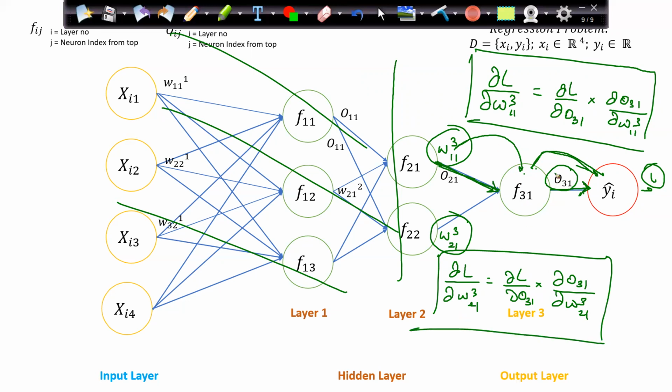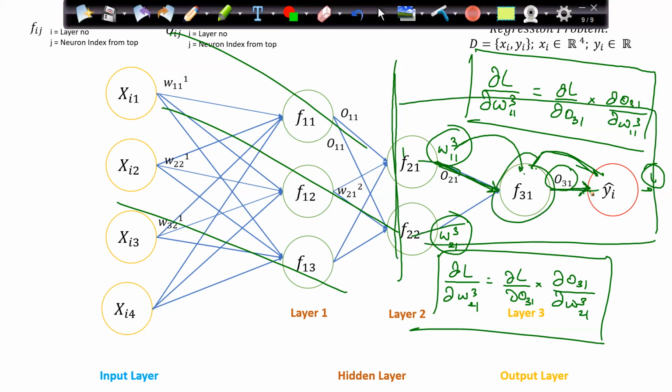This is what we discussed with a single neuron. If I just take this part of the network, it is actually a single neuron: these are my inputs, this is my neuron, and I am getting the output. So calculating this is quite straightforward. Once we go back, you can see that the complexity will increase, so we'll discuss this now.